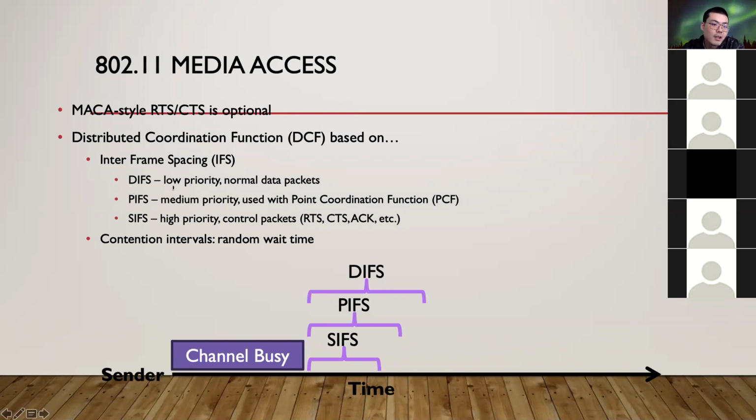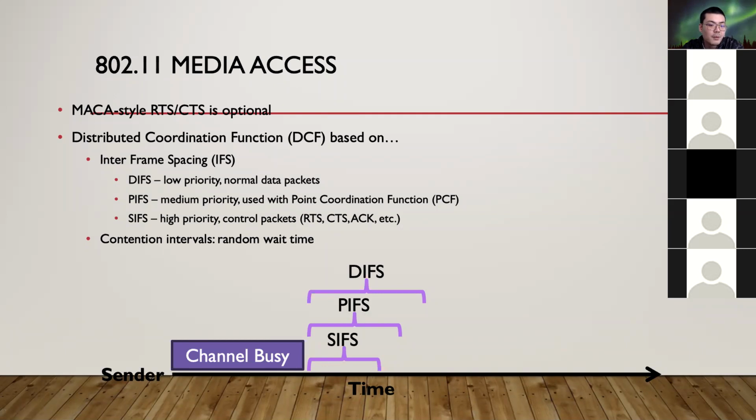If you have a low priority one, before you send a frame you should wait for this amount of time, and then you try to send. PIFS is medium priority, where you wait for a shorter period of time. And if you are high priority, you use SIFS. It's a higher priority.